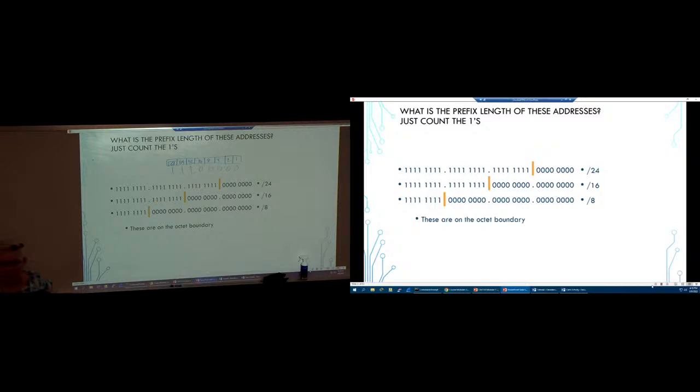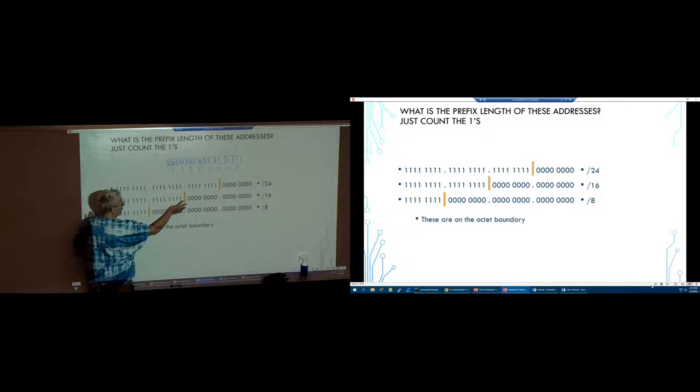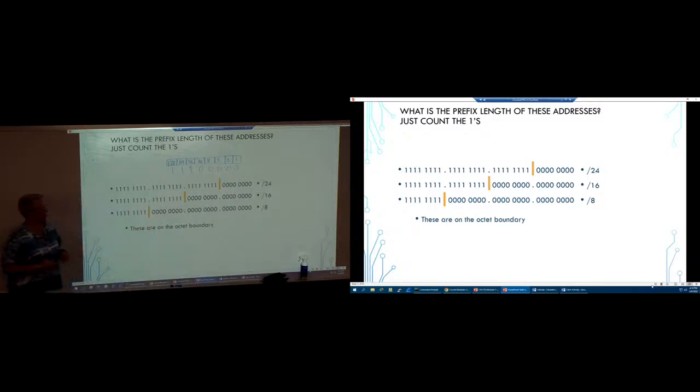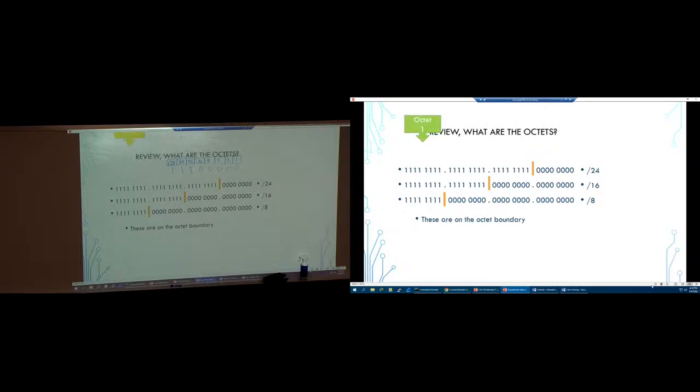Yes, exactly right. They would all be a boundary. And when we're talking about a subnet mask, that is where that term is applicable. Ends on the octet boundary. First octet, second, 4th, right?